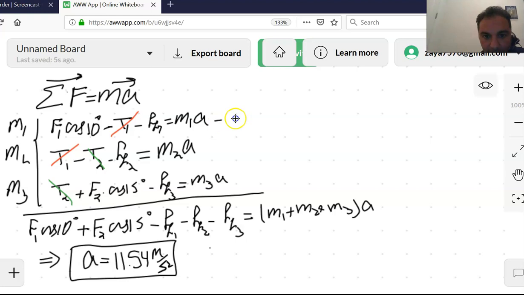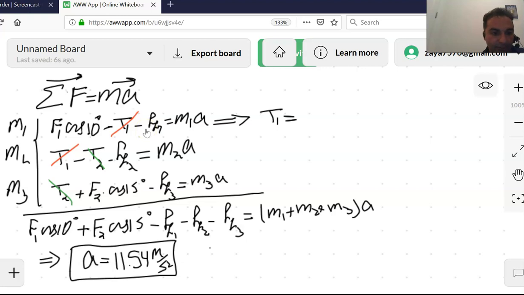Now guys, we want to find tension 1 and tension 2. So here I can say T1 is 100 cosine 10, correct?